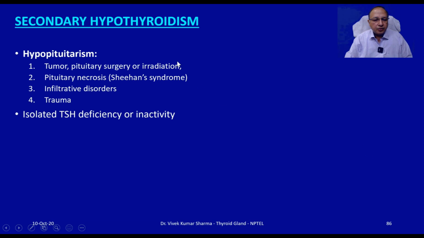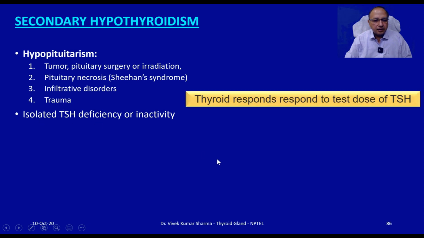So secondary hypothyroidism, how does it occur? It can be due to multiple causes like the hypopituitarism or various other conditions. The important way to differentiate it from the primary hypothyroidism is that thyroid responds to the test dose of TSH hormone.